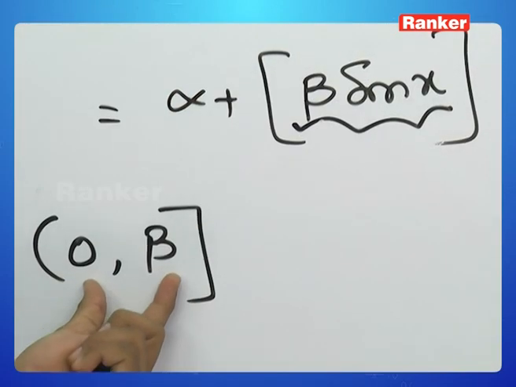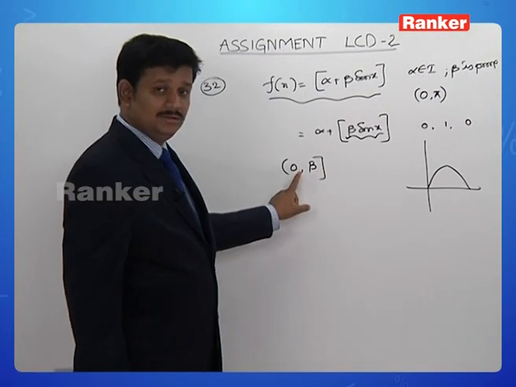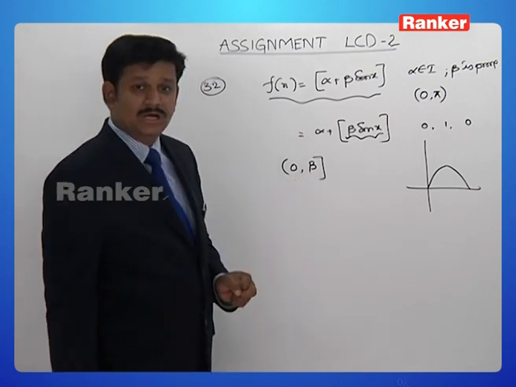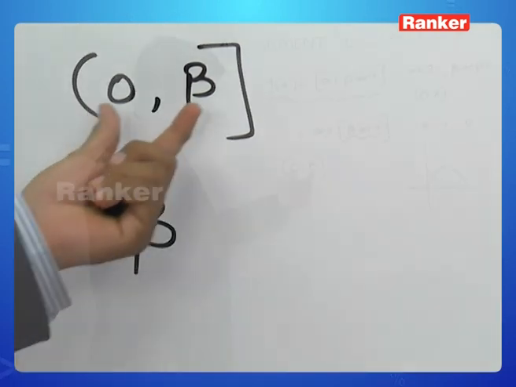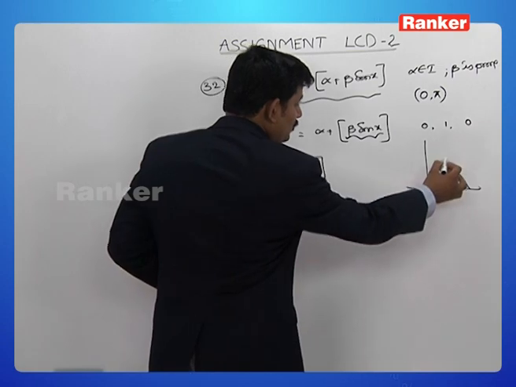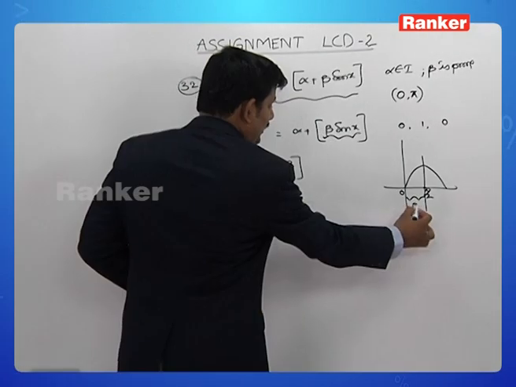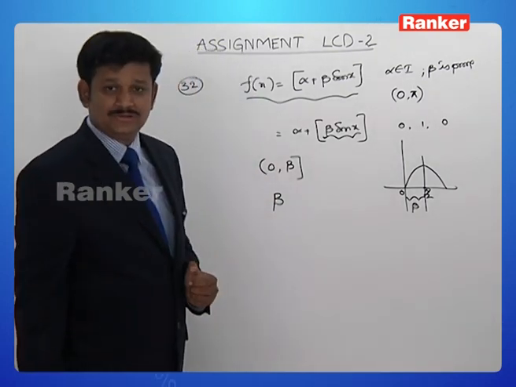So, let us see how many integers are there from 0 to beta: 1, 2, 3, and so on up to beta. There are beta integers from 0 to beta. So, whenever x is varying from 0 to pi by 2 included, here we have beta points of non-differentiability for the function f of x.